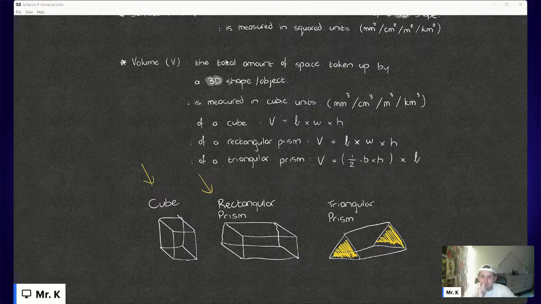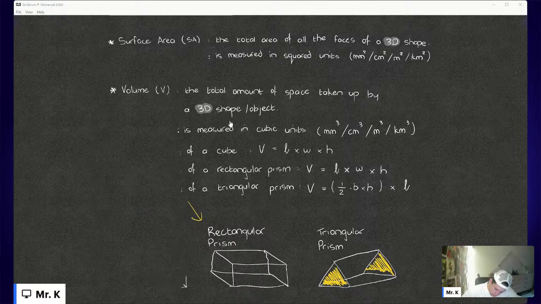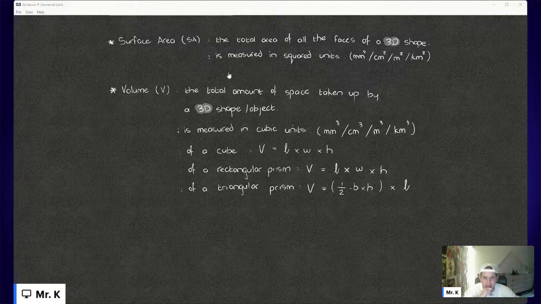This is the volume of a triangular prism. Right, quickly take a second to copy all of that information down, and then we're going to move on to our first example, guys. If you have any questions, please make sure that you ask. I am here to answer it if need be.